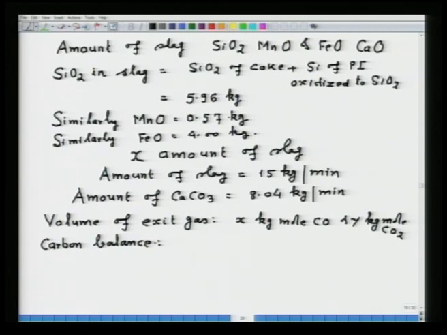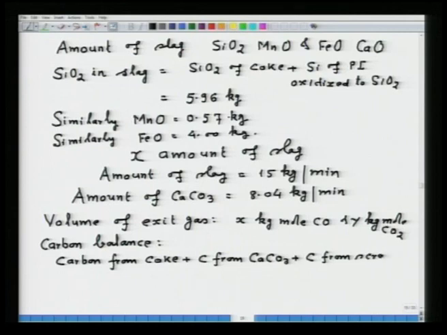Now, carbon balance, say write down, carbon from coke plus carbon from CaCO3 plus carbon from scrap plus carbon oxidized from pig iron, in fact also carbon oxidized from scrap.